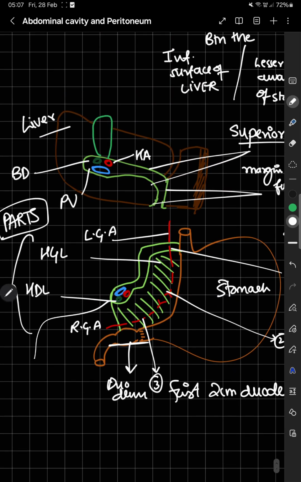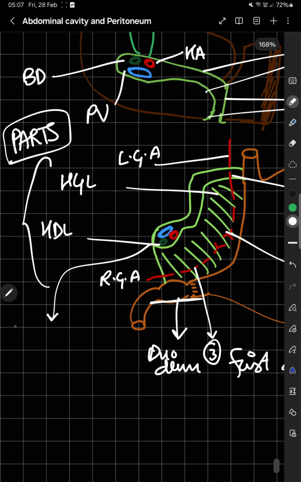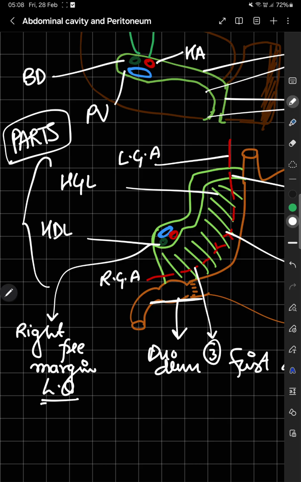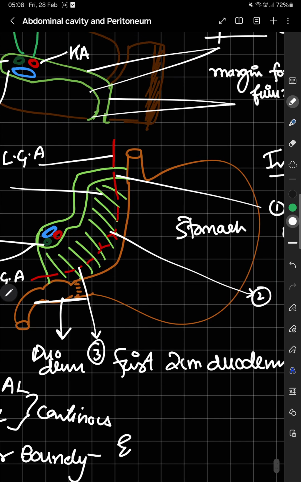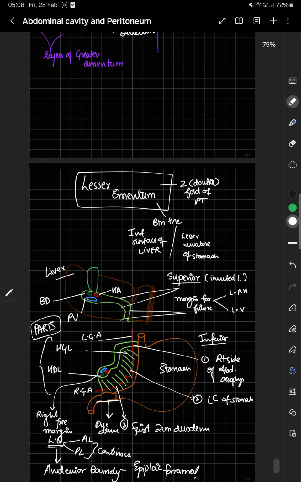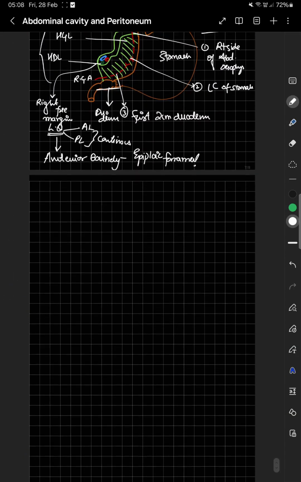Its anterior and posterior layers are continuous, and this basically forms the anterior boundary of our epiploic foramen, which we'll be discussing later on. So this is all about the introduction, the diagram, the attachments and parts.